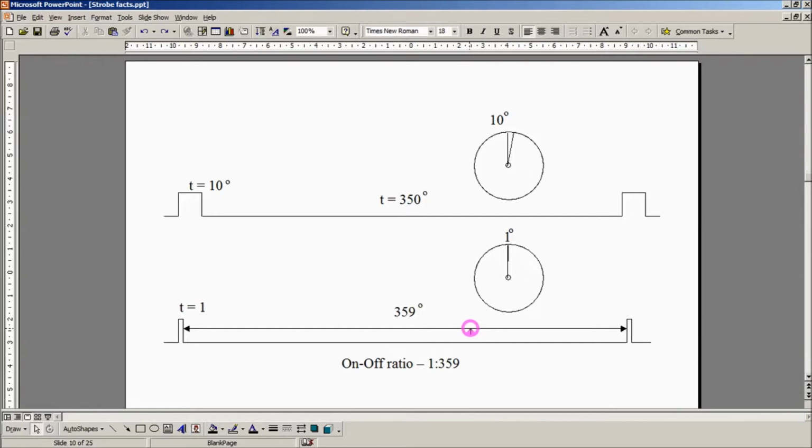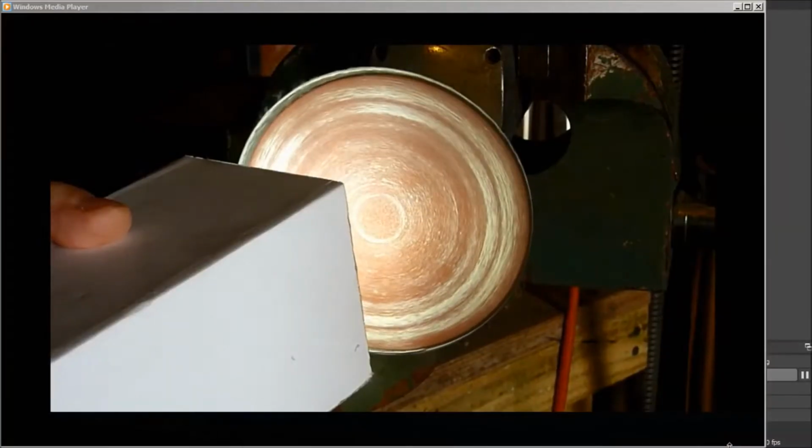In actual fact it doesn't make very much difference to the rotation. Dividing by 360 gives you 1 degree, and dividing by 256 gives you 1.4 degrees, and when you actually examine it in reality it's still very acceptable.